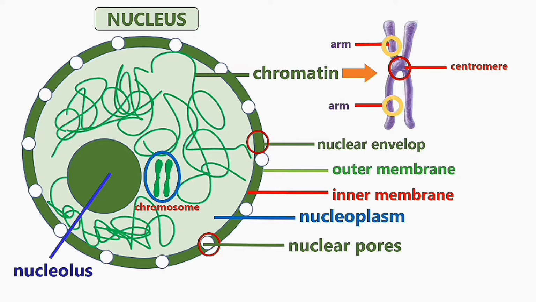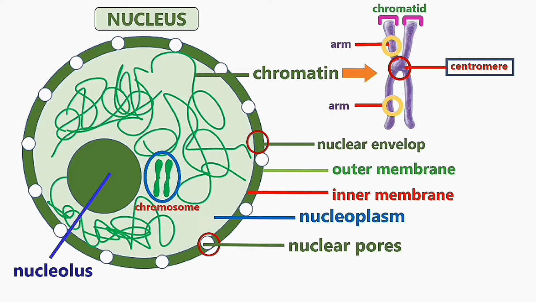Each chromosome consists of two identical chromatids. Chromatid is basically the replica of the chromosome, and the two are held together at the centromere. These are the chromatids of the chromosome, and they are connected together at the point called the centromere.